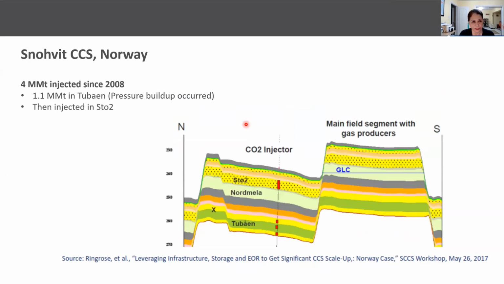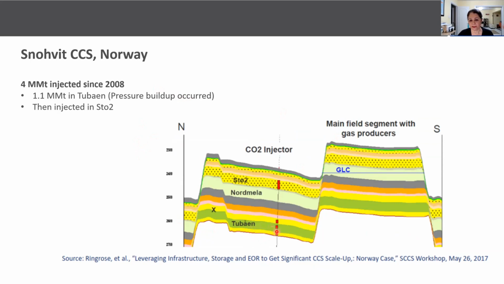And one example is the Snøhvit carbon storage project in Norway, where they were planning to inject in a lower zone in the reservoir. And after injecting about 1 million tons, they started to pressurize the reservoir.